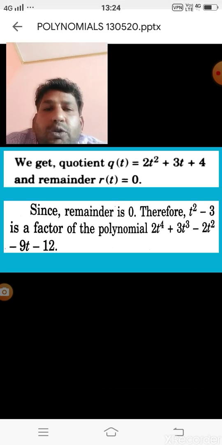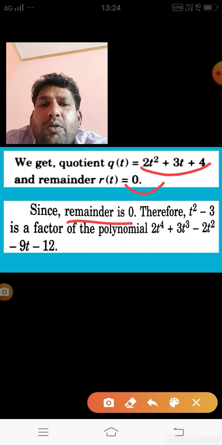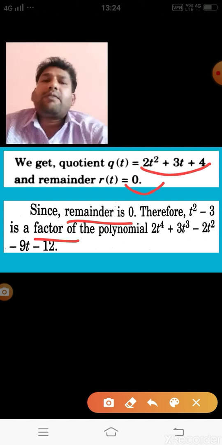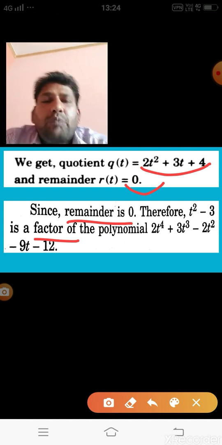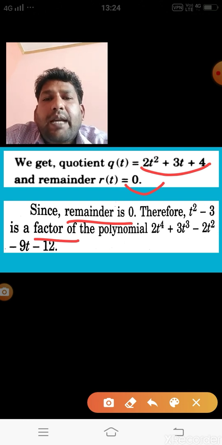The quotient we are getting is 2t square plus 3t plus 4, and the remainder is 0. If the remainder is 0, it means yes, it is a factor of the given polynomial. t square minus 3 is a factor of 2t raised to power 4 plus 3t cube minus 2t square minus 9t minus 12.